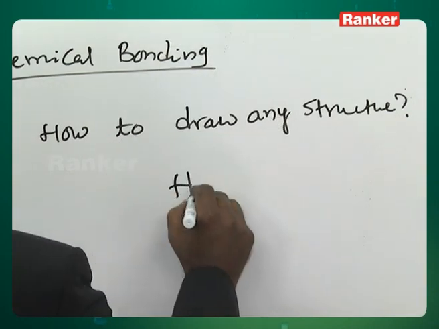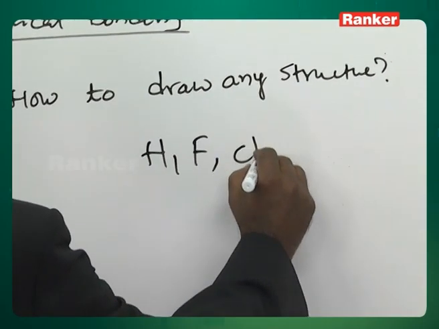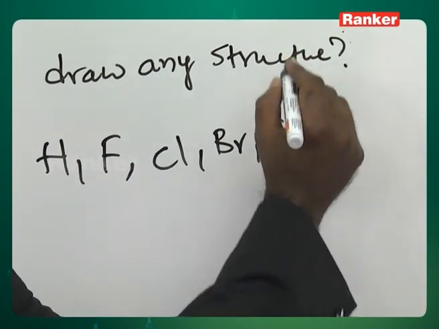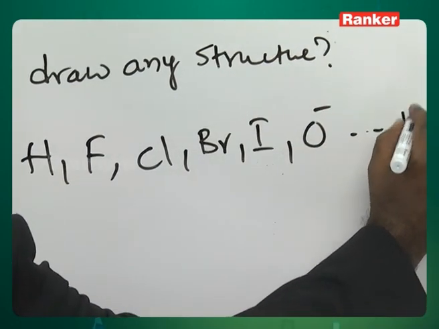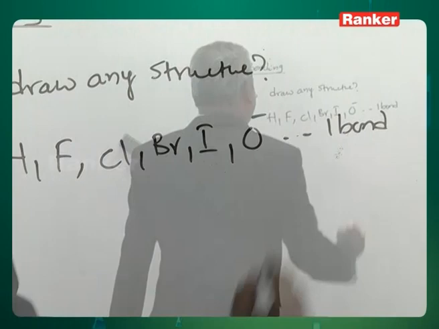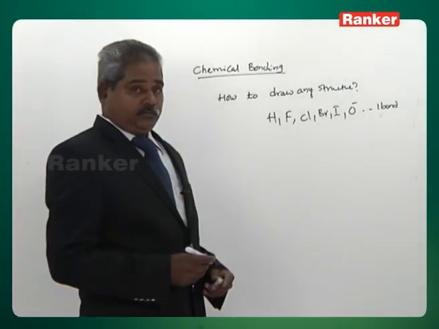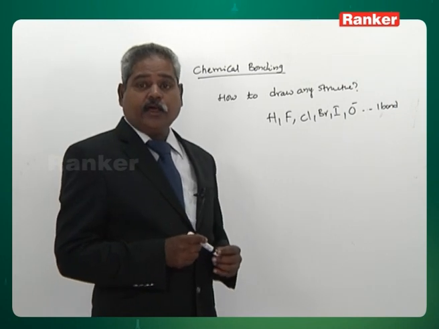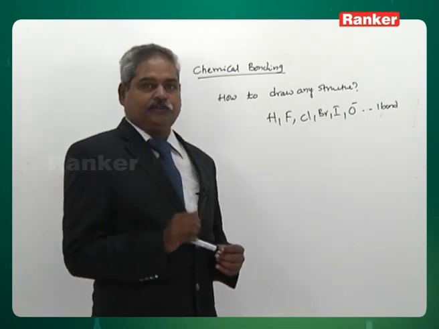Hydrogen, F, Cl, O minus, they always form one bond. I will explain myself later. They always form one bond when they are terminal atoms.